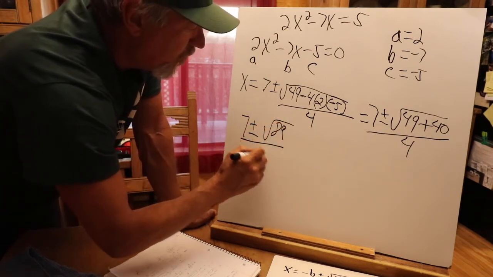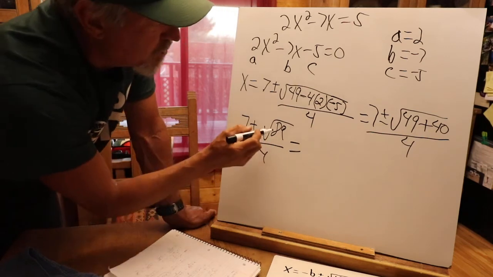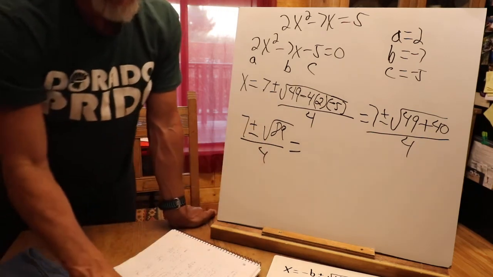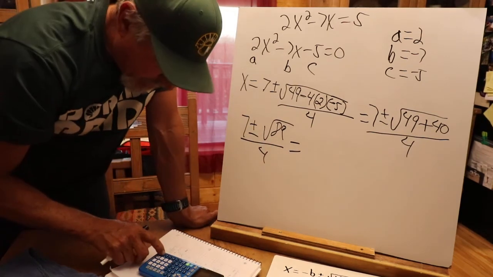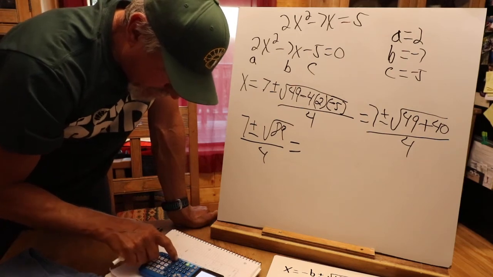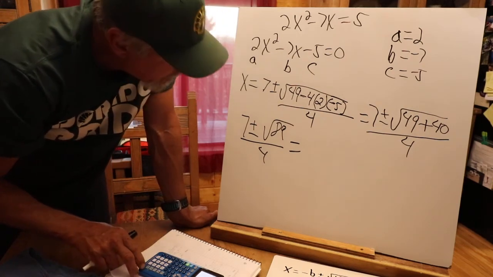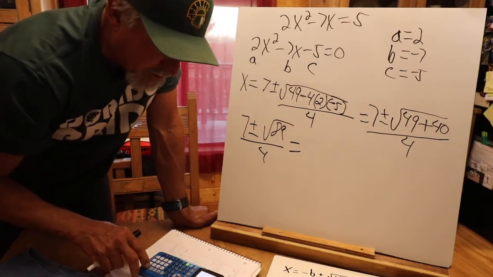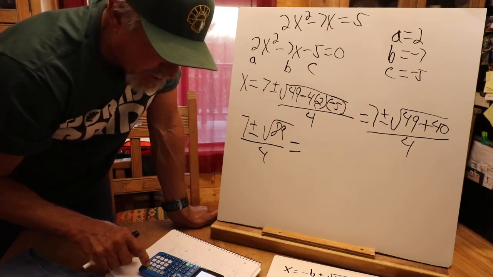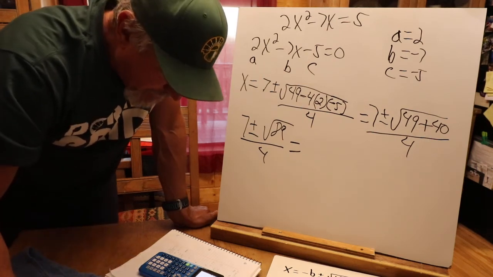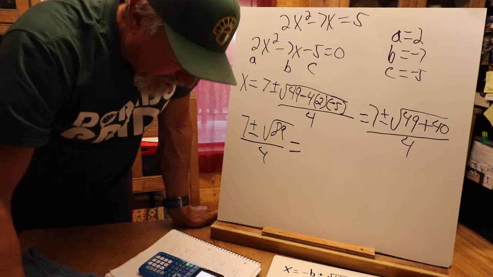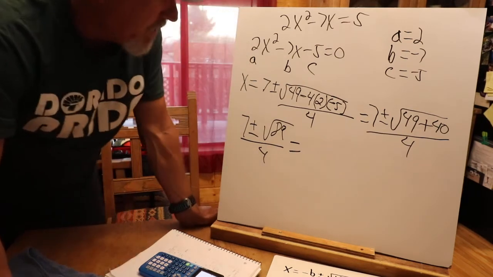All over 4. I'm going to change the square root of 89 to a decimal, and I'm going to solve the problem. So on my calculator, I go second square root 89. And you can do this on your phone calculators or whatever. You don't have to get fancy. 2 decimal places. So for the square root of 89, I got 9.43.